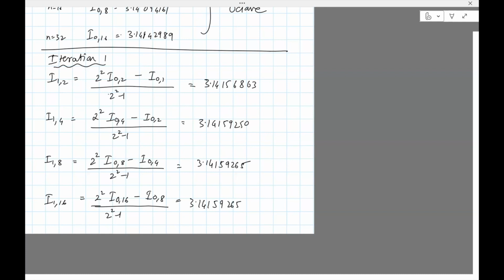And that's just doing one iteration. But we've already got, like, you can see here, 4 decimal place accuracy right in this iteration itself.